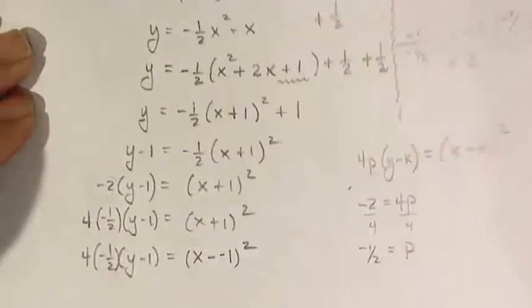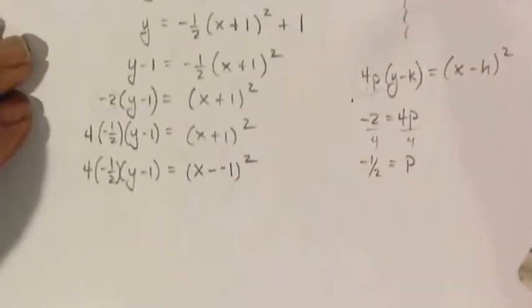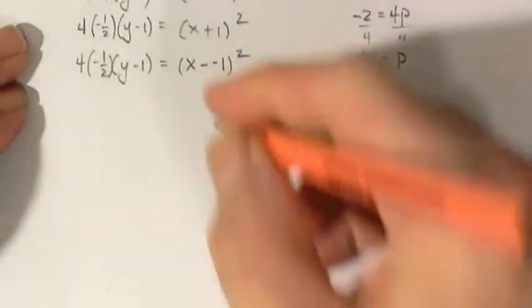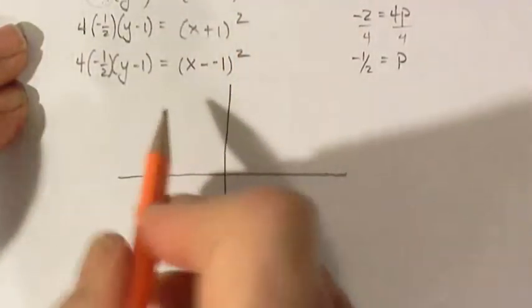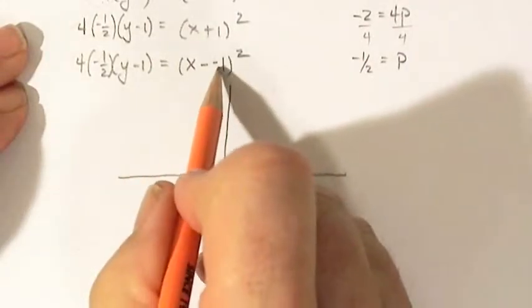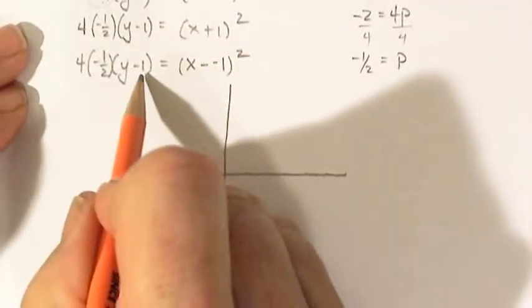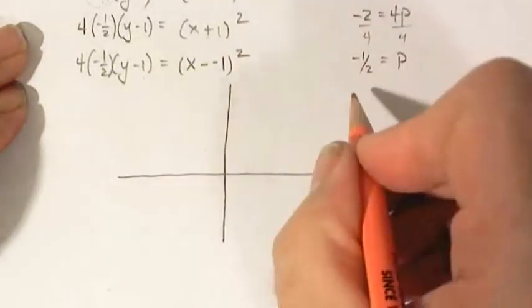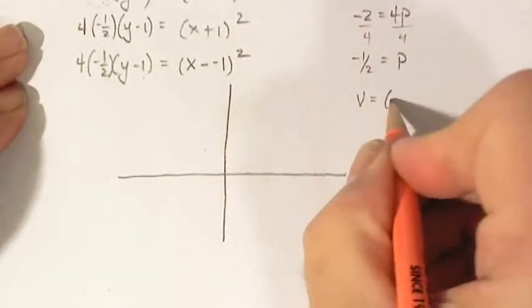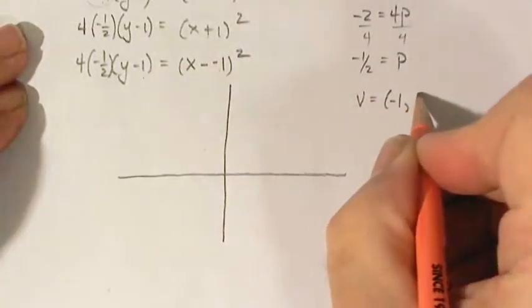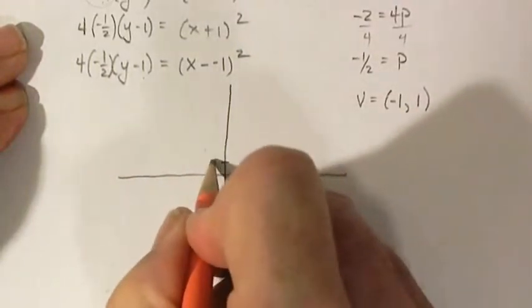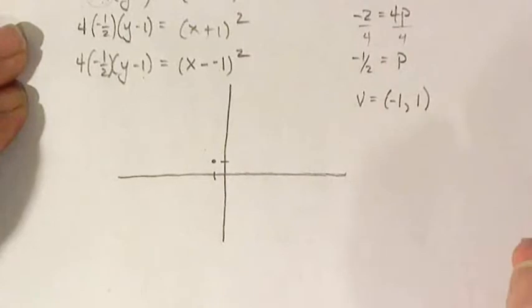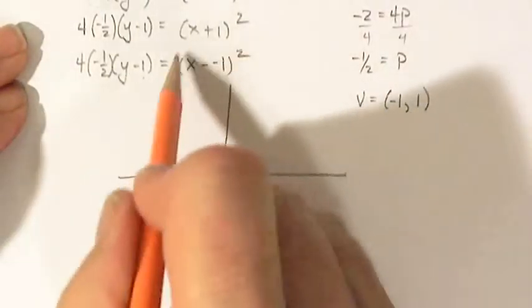So we're almost there. We need a picture. And I'm going to draw a picture. The vertex is at negative 1, 1. Okay, so the vertex is negative 1, 1. This is squared.